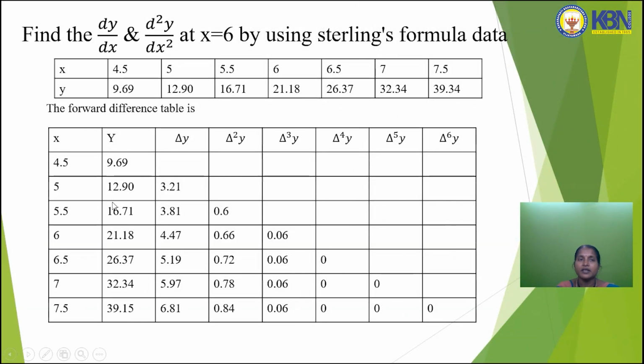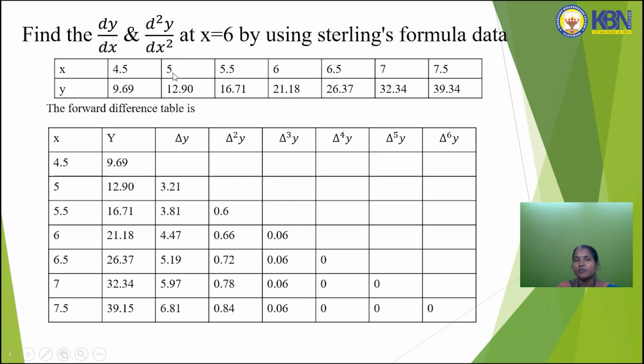Find dy by dx and d square y by dx square at x is equal to 6 by using Stirling's formula from the following data. The x values given are 4.5, 5, 5.5, 6, 6.5, 7, 7.5. All the x values have a common difference; what is the common difference? 4.5, 5, that is 0.5.